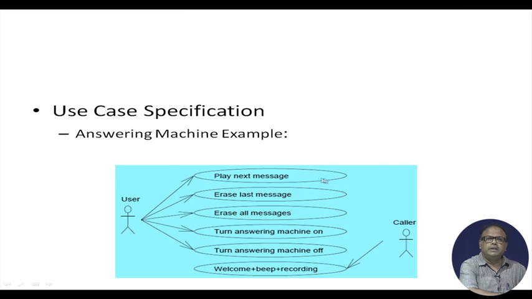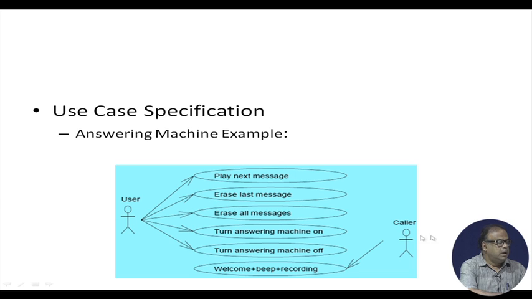Here is an example of the use case of an answering machine. Let us see what it says. On one side there are two users: one is the caller who is calling, and here is the person who owns the phone.